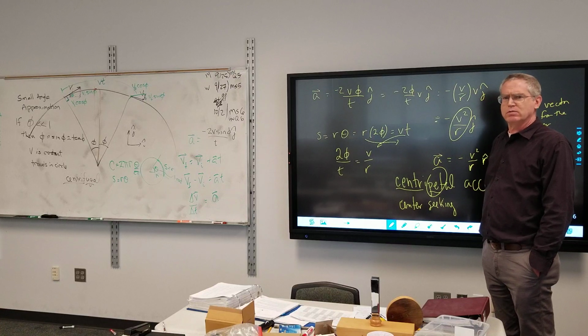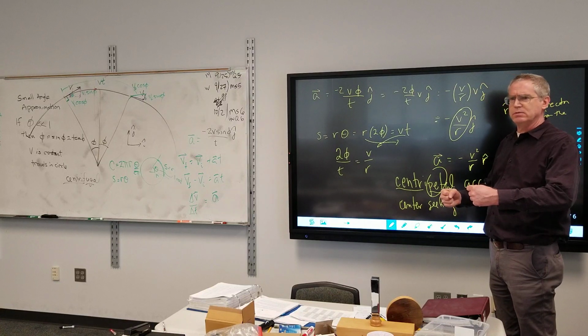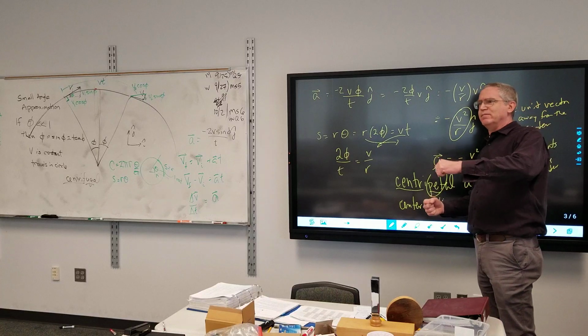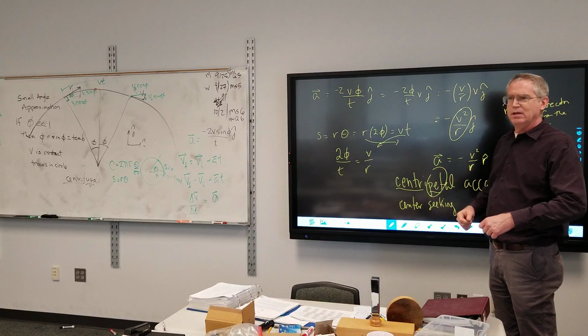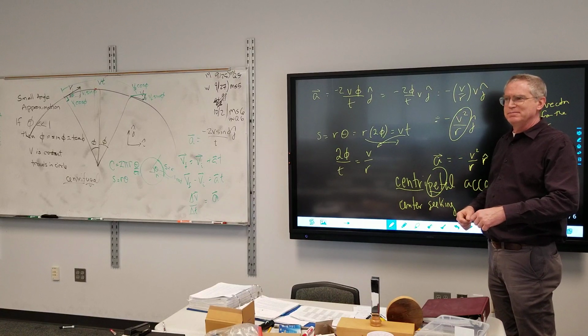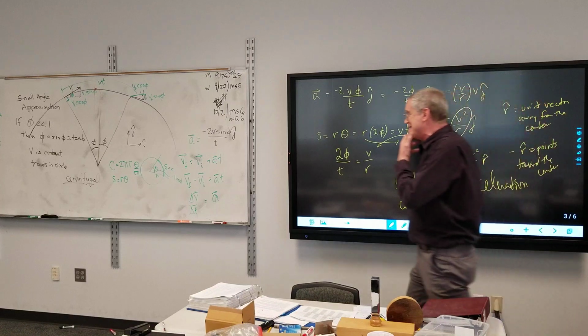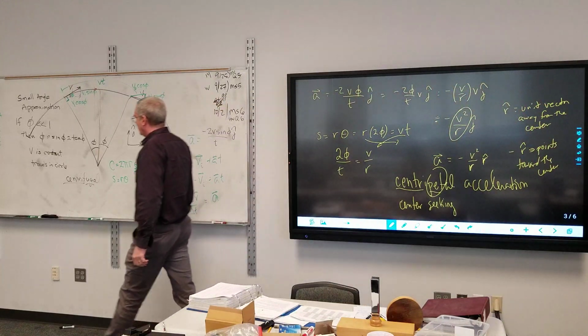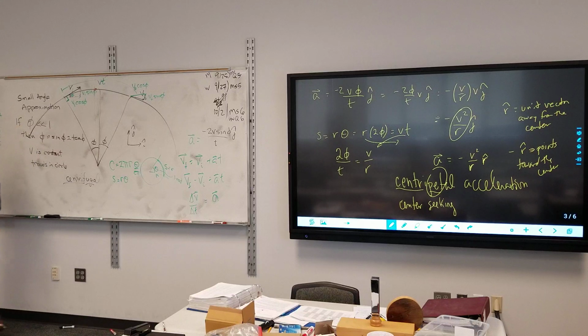Any of you play corners in a car when you're with your siblings, going around a corner and you over-exaggerate the lean? I guess just our family. When you're going around a curve, does it feel like you're being thrown outwards?